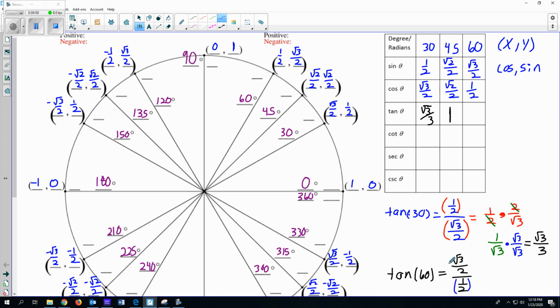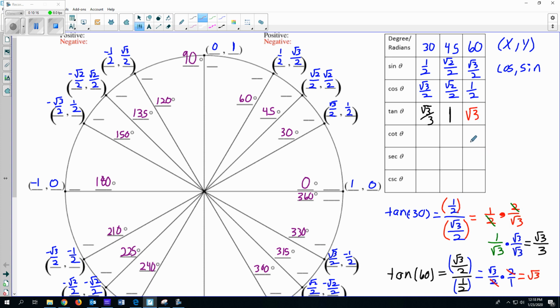And so once again, we'll do that keep, change, flip. So we're going to have square root of 3 over 2, and then we're going to multiply it by 2 over 1. And so the 2's cancel out like the other one, but what's nice here is you're just going to be left with square root of 3 over 1, or just the square root of 3, so we don't have to rationalize on this one. So we'll go ahead and put square root of 3 right here.